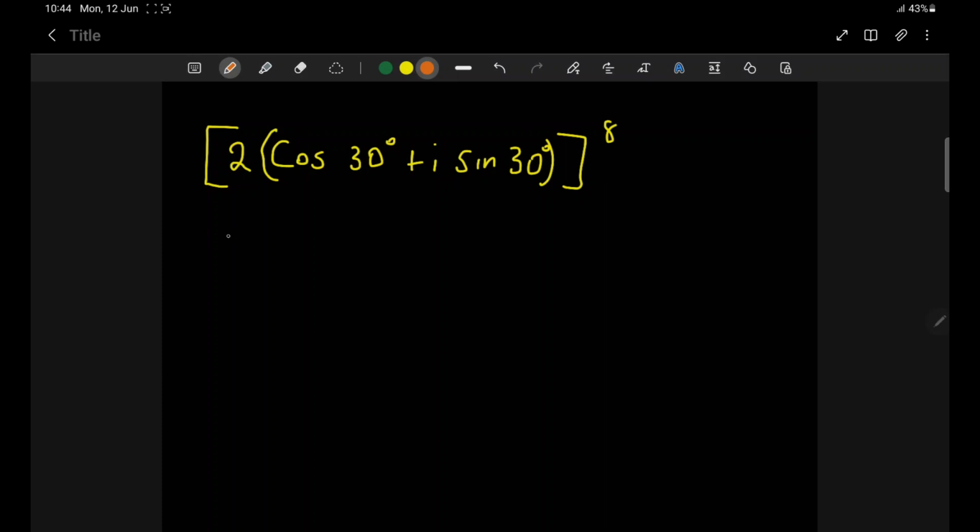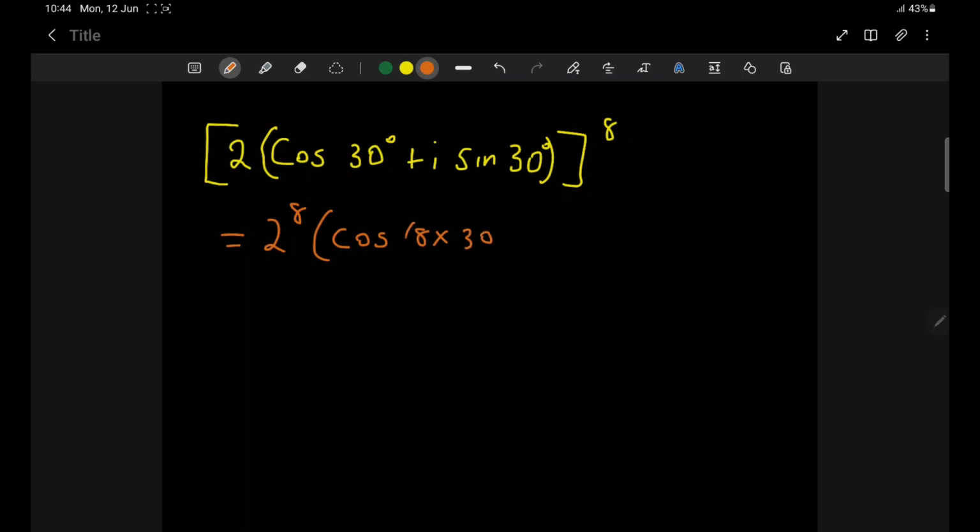So here our r is 2, our n is 8. So we'll have 2 raised to 8. Then we'll have cos 8 multiplying with 30 plus i sine 8 multiplying with 30.